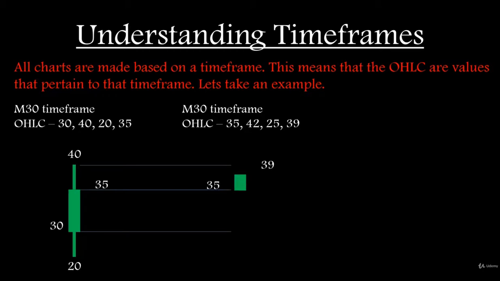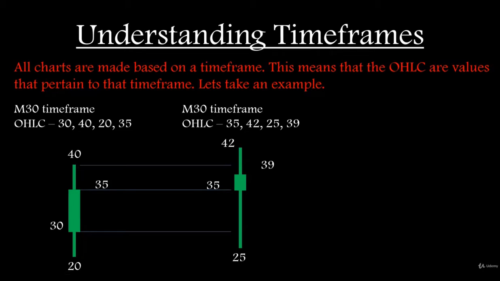We'll start at 35, it goes up, it's a green candle, closes at 39. The high is higher than the previous candle, which was at 40, because this one is at 42. And then we have a lower wick which pushes prices down to 25, and then prices move back upwards. So our 25 is lower than the 30 and above the 20. So this is what the second candle in the M30 time frame chart would look like.